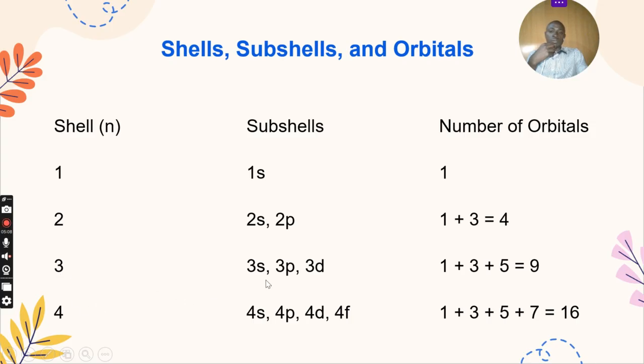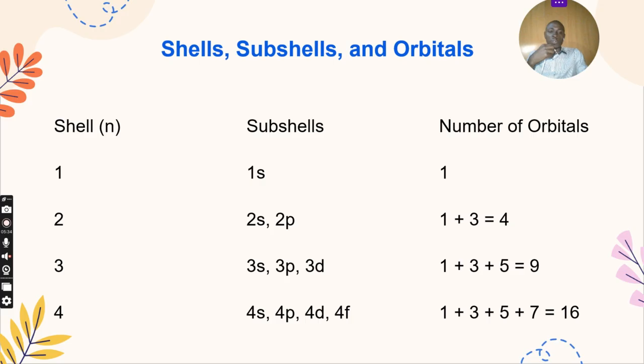In the third energy level, there are 3 subshells: 3s, 3p, 3d. As we've said before, the s subshell only has 1 orbital. The p subshell has 3 orbitals, and the d subshell has 5 orbitals. So making them 9 orbitals in all.